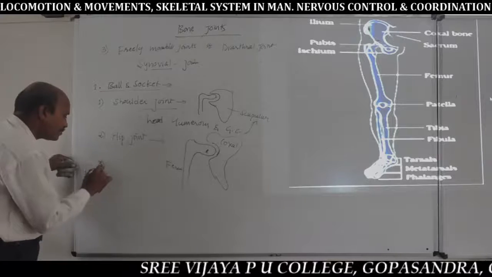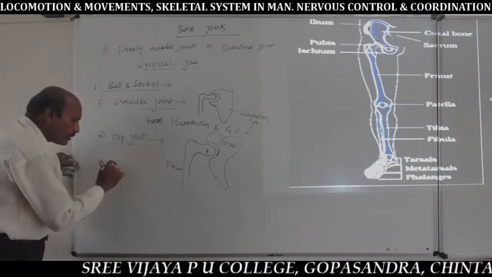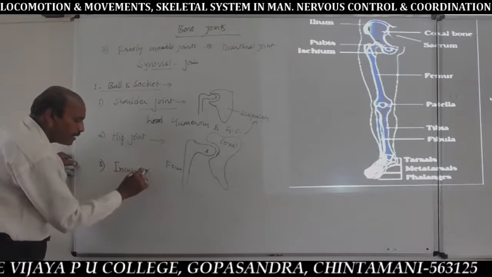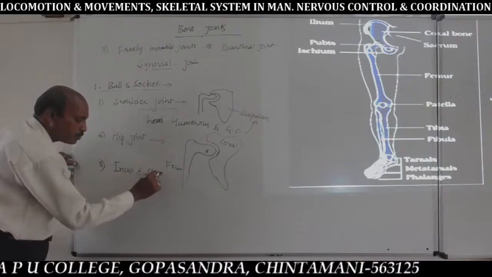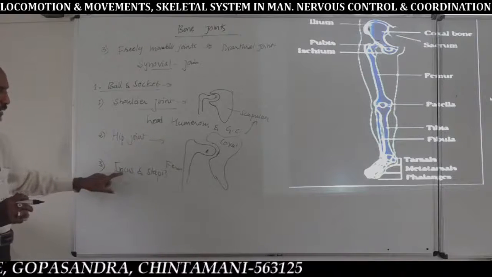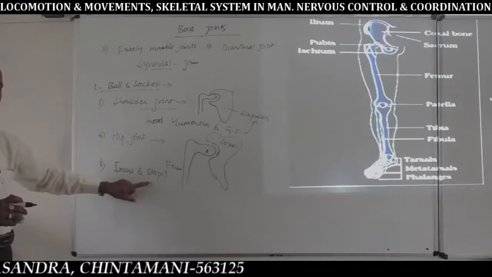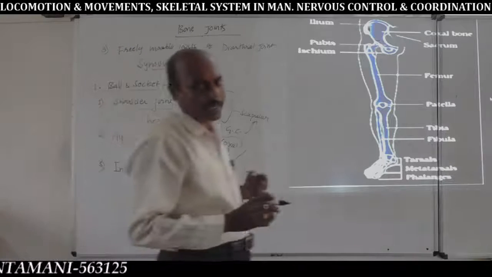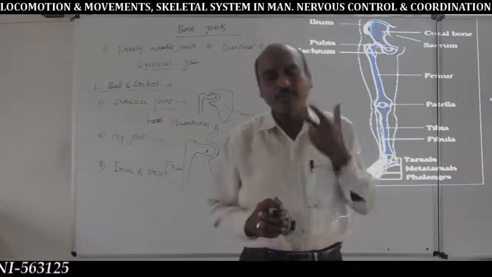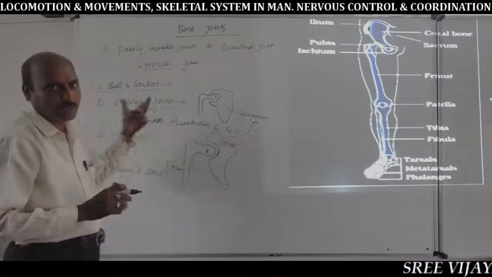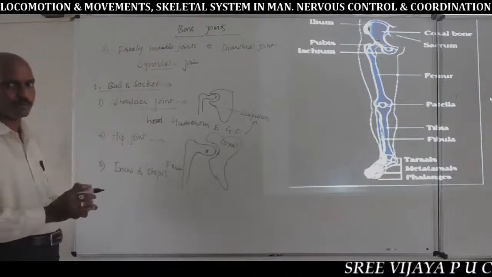And the next example, incus and stapes bones. The joint present between incus and stapes bones is a ball and socket joint. I think yesterday I discussed this with you in the topic of skull bones, skull associated bones.